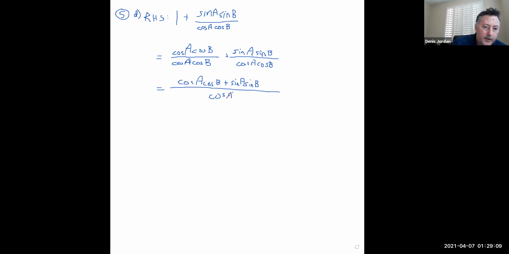So this is where it's kind of nice to keep in mind what you're trying to get to, like what you want this to come out as. If you compare it to what the answer is supposed to be, you have the right denominator, so we're not going to do anything with it.